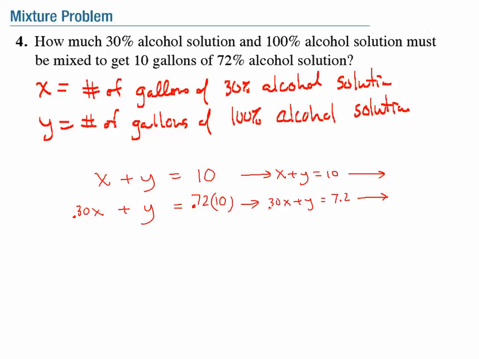Notice if you move this decimal over once, you'd get a 3x already. We don't need to move it over twice to get 30x, because we only need to move it once over here as well. So I'm only going to multiply by 10. So x plus y equals 10 for the top equation, because there's no change. On the bottom, it's just going to be 3x plus 10y is equal to 72.